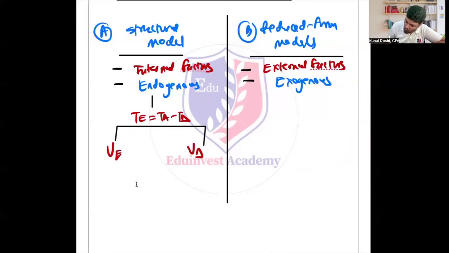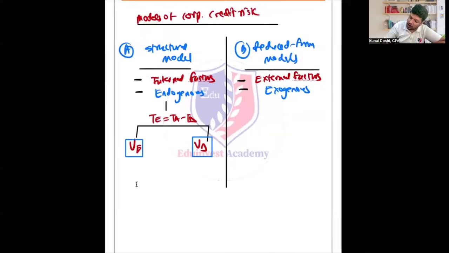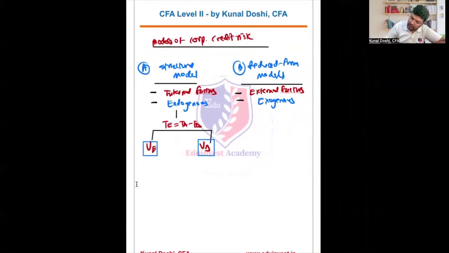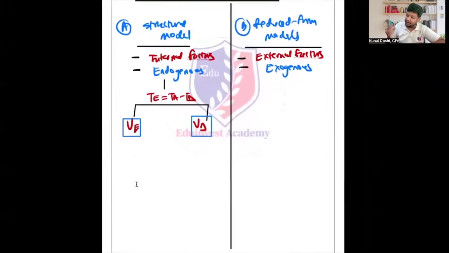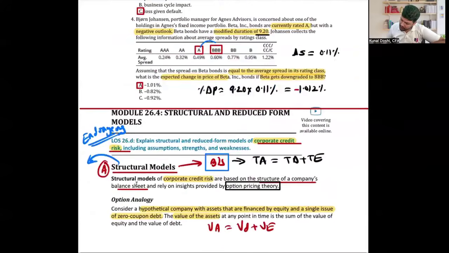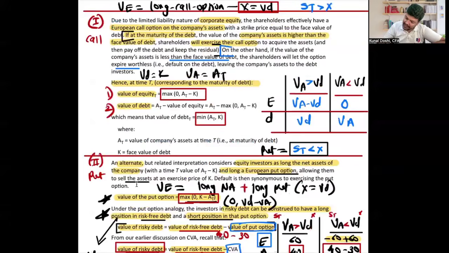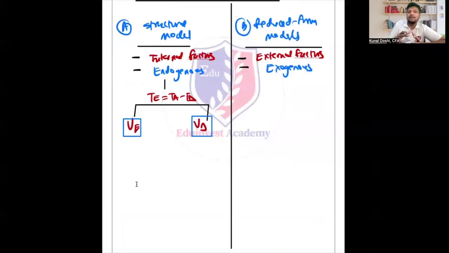So when we are going to the valuation, we will take into consideration option analogy. Okay. Because in the company, the debt and equity both don't face the same risk, right? Both face slightly different risk. So here, value of asset is equal to value of debt plus equity, or value of equity is value of asset minus value of debt.